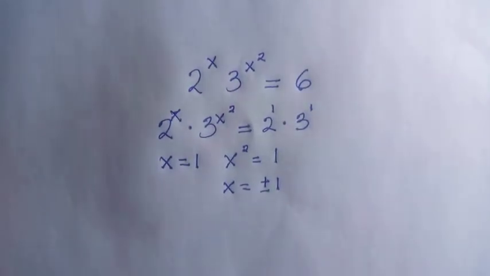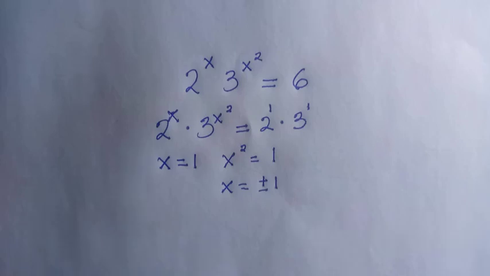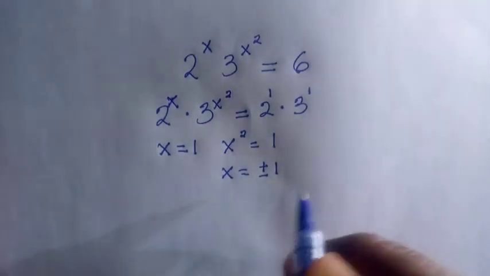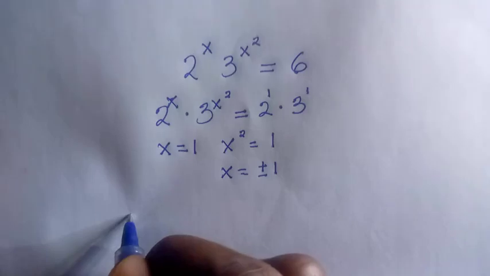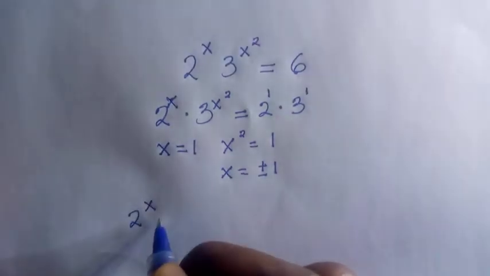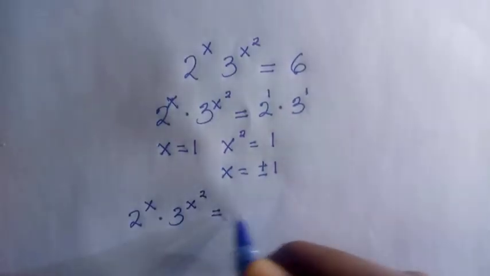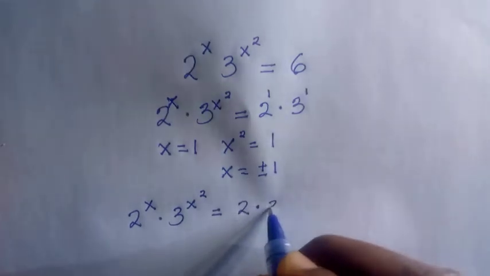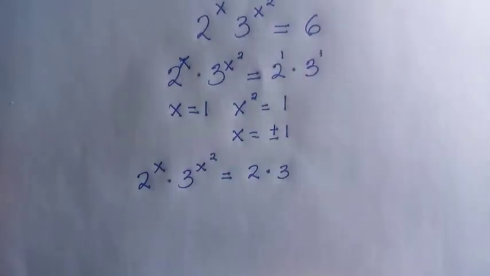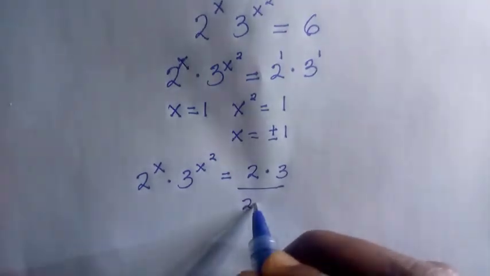But how can we obtain all the solutions that satisfy this? Because we have 2 real solutions for this equation. Alright, let's try to do that. Recall the second line: 2 to the power of x multiplied by 3 to the power of x squared equals 2 multiplied by 3. Suppose I divide both sides by 2 multiplied by 3.